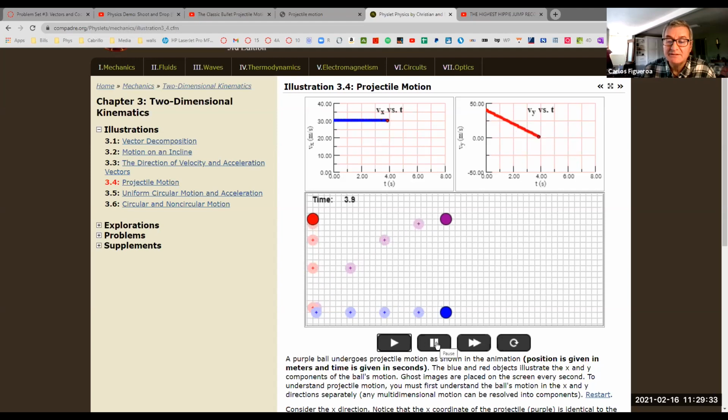You can see that as the ball is moving, it's going up. It's in a state of free fall with these red balls, and the blue ball is moving at constant velocity. As I superimpose these two motions, I'm recreating this trajectory. And as I'm coming all the way down, you can see how you're getting this superposition of both motions.